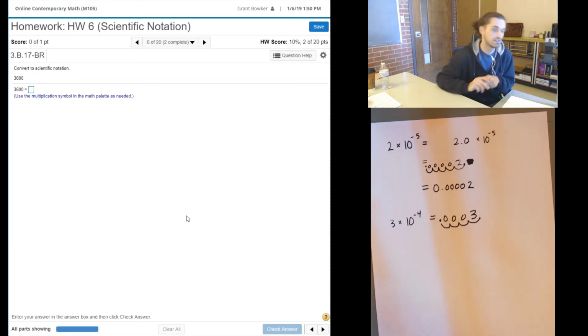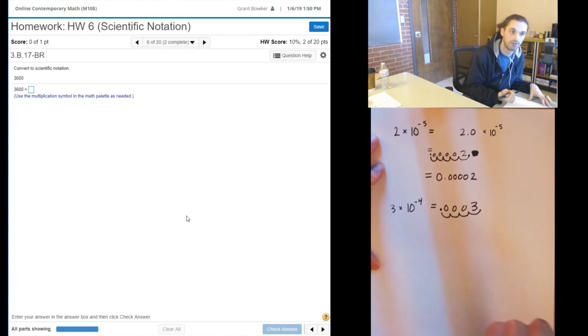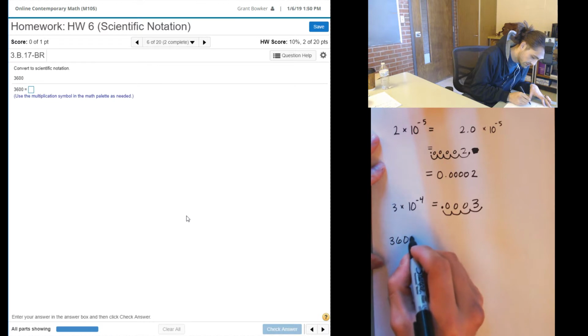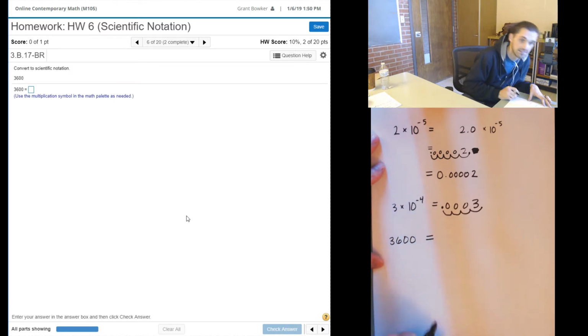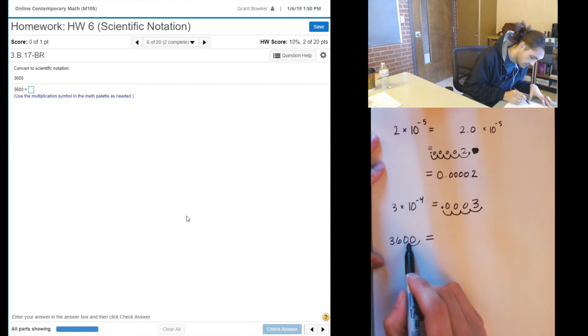All right. Convert to scientific notation. So similar idea, just going the other direction. So we have 3600 and we want to write this as a power of 10. Well, this decimal place needs to be moved 1, 2, 3 spots.